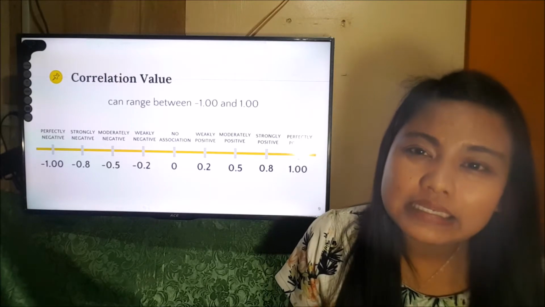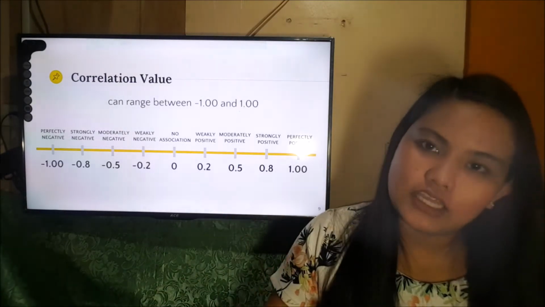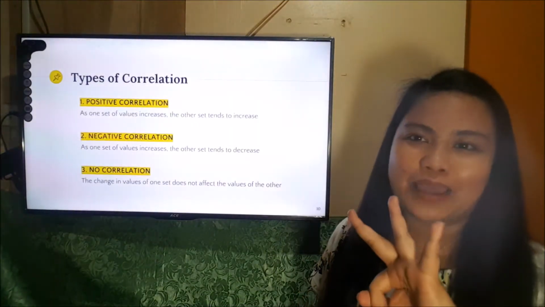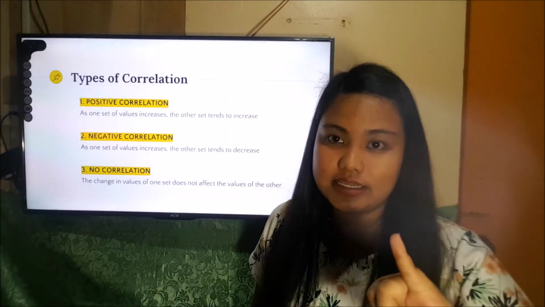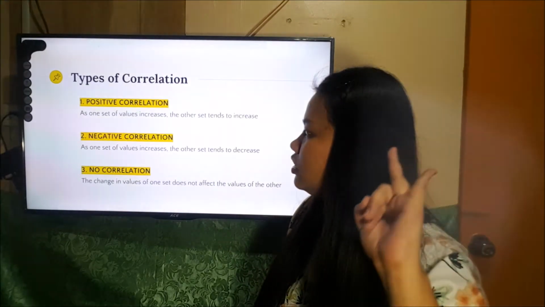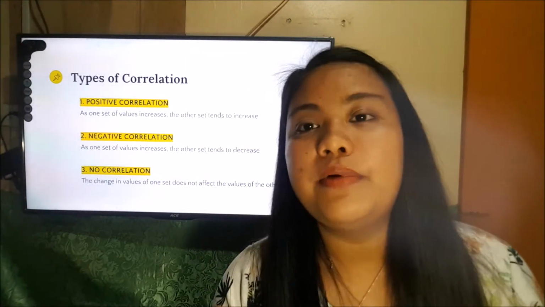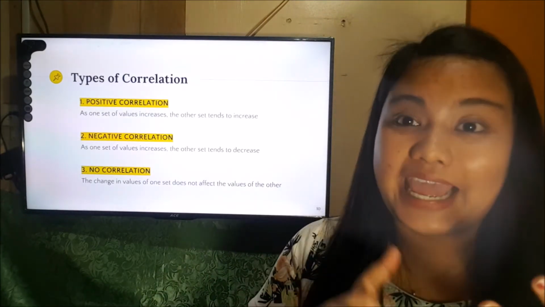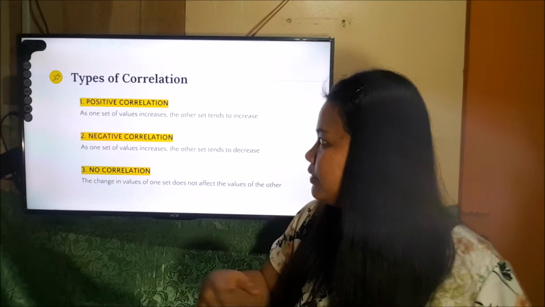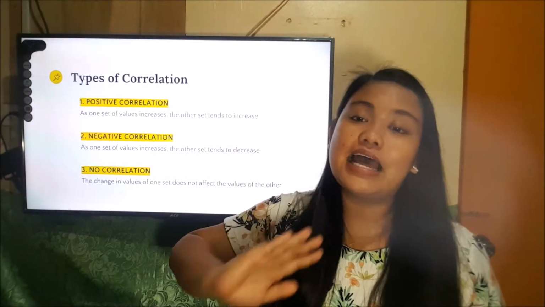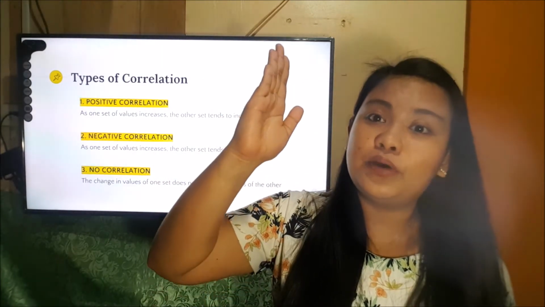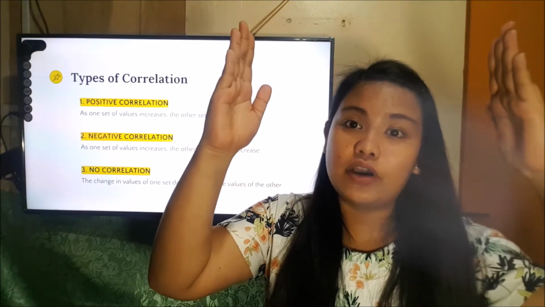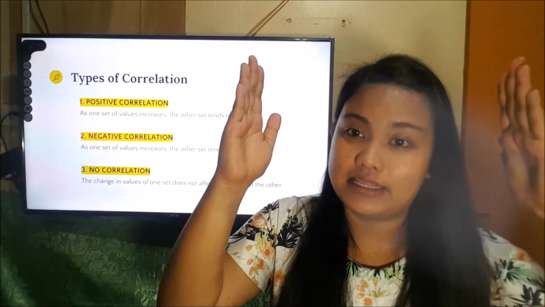Now, what do we mean when we say there's a positive correlation, there's a negative correlation? That brings us to the three types of correlation. We have positive, negative, and no correlation at all. Let's say our variables are A and B. Positive correlation means that as the values in variable A increase, the values in variable B also increase.